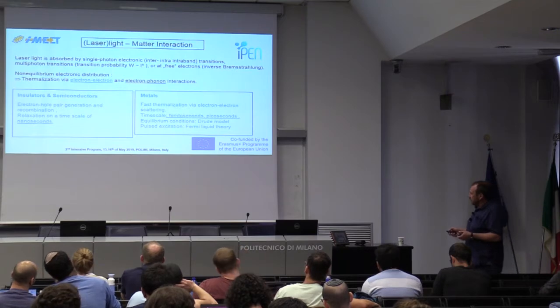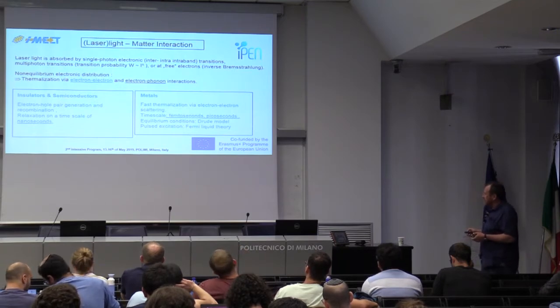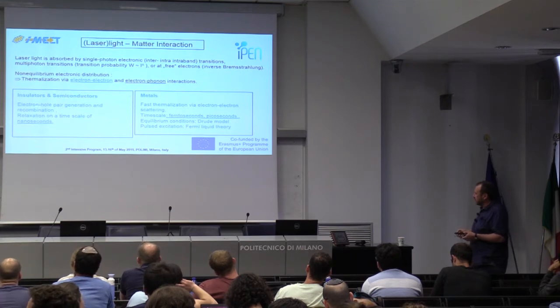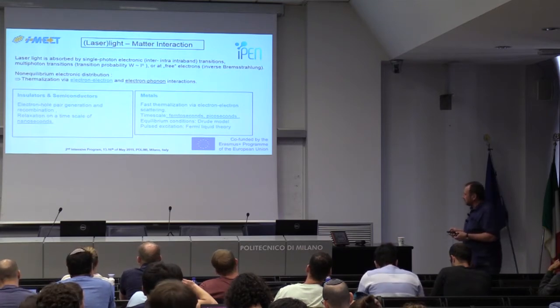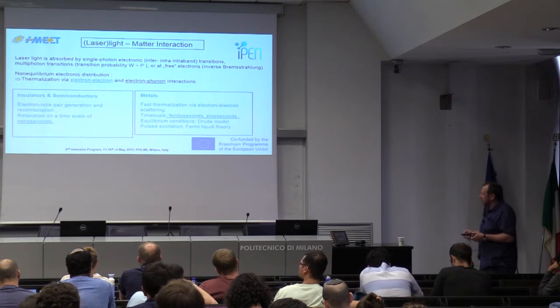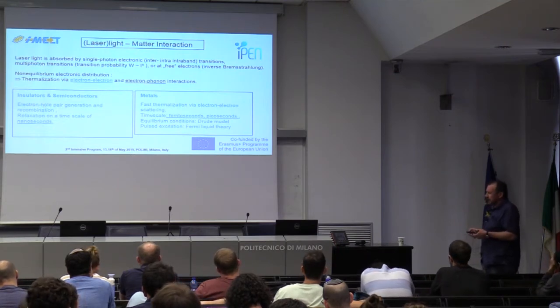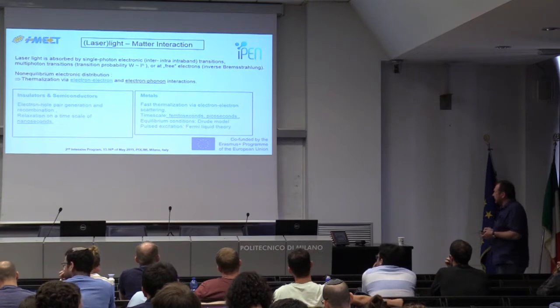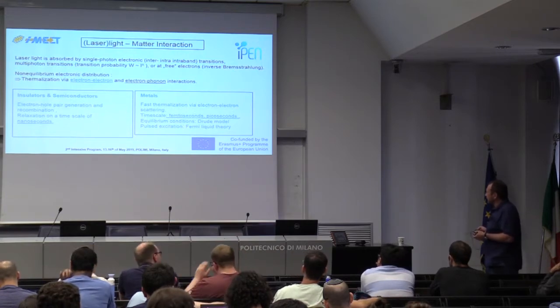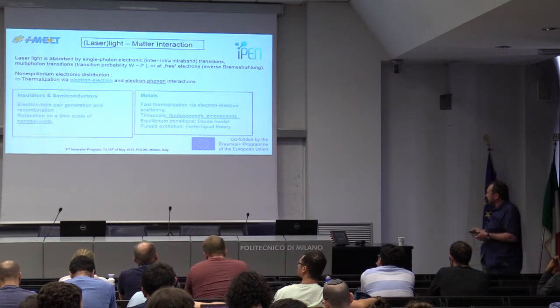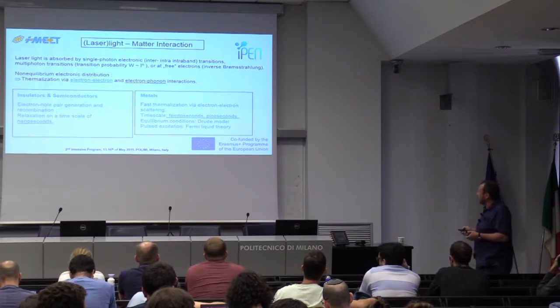Now, there is also some difference between insulators and semiconductors, where we are creating electron-hole pairs, and the recombination of them follows, and this may take nanoseconds. In metals, we have a very high density of free electrons. There is a very fast thermalization between electrons, and the thermalization may happen at a much faster time scale.